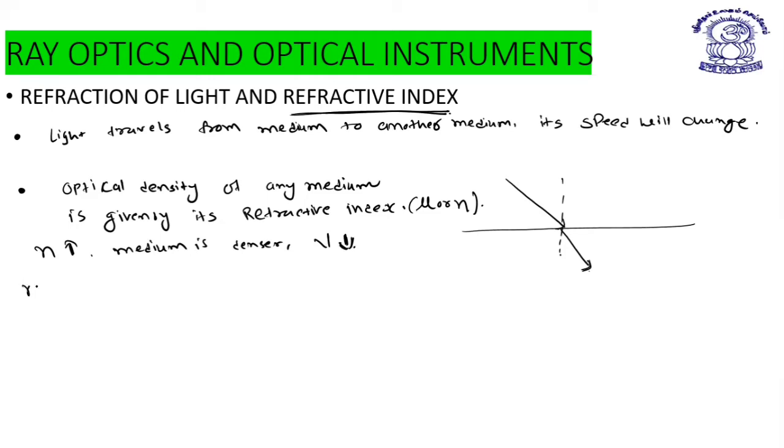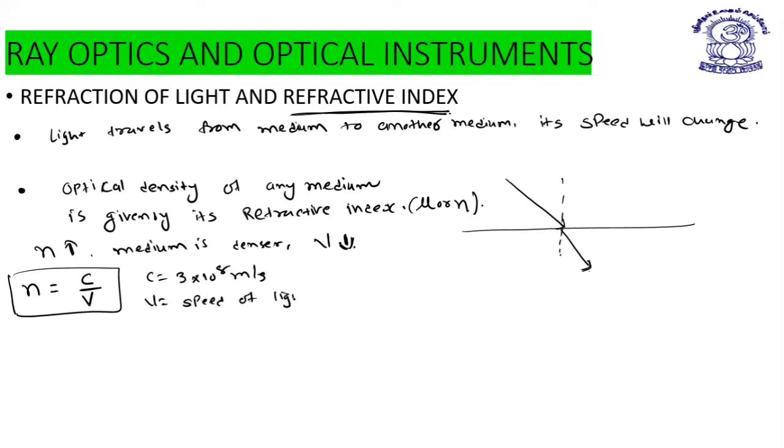The refractive index is defined as the speed of light in vacuum to the speed of light in the given medium. Here c is 3 into 10 power 8 meter per second, and v is the speed of light in the given medium.